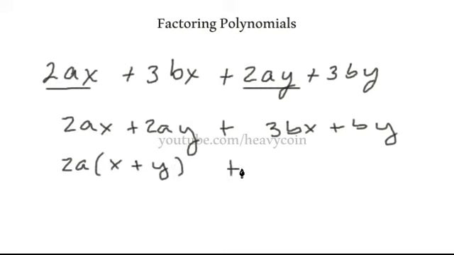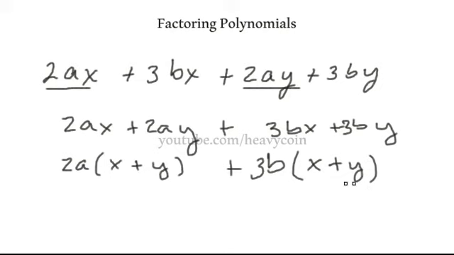Okay? And if I were to factor out a b out of this one, I would be left with, oh, yeah, I forgot to write a 3 right there. Okay, we can pull a 3 and a b out, and we're going to be left with x plus y.